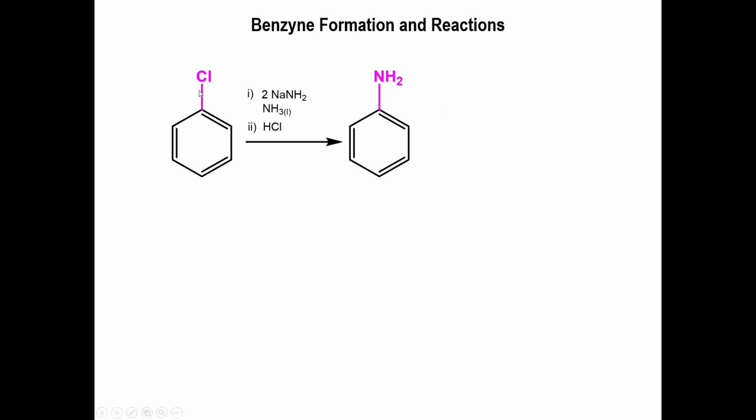It was shown many years ago that when you react a molecule like chlorobenzene with a strong base such as sodium amide, and you do this in liquid ammonia, specifically to preserve the basicity of the amide conjugate base, something interesting happens.